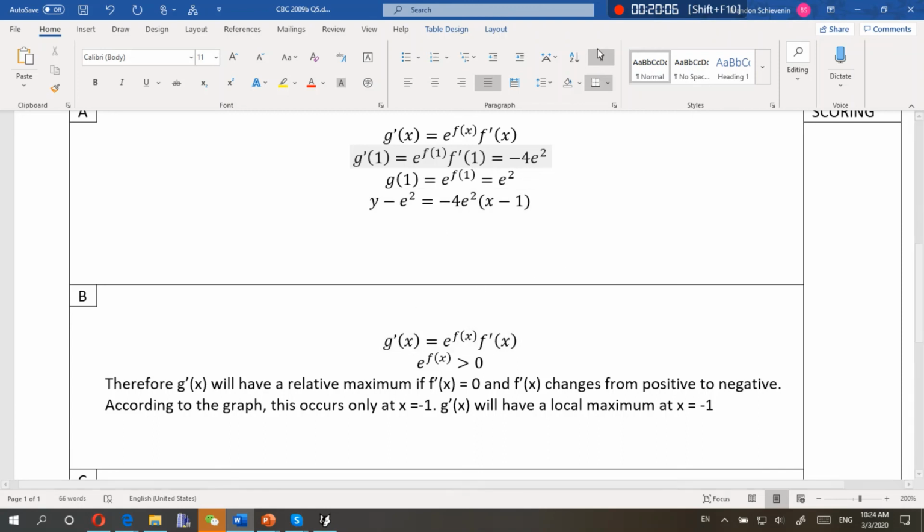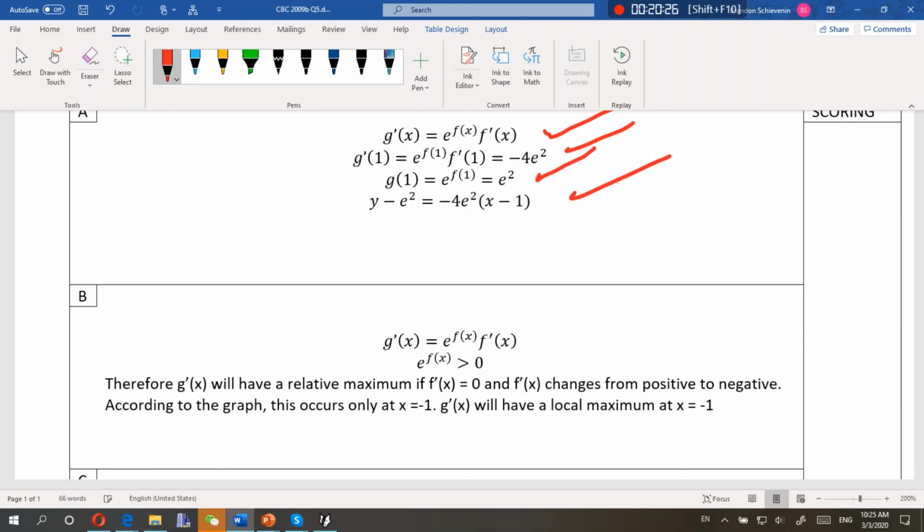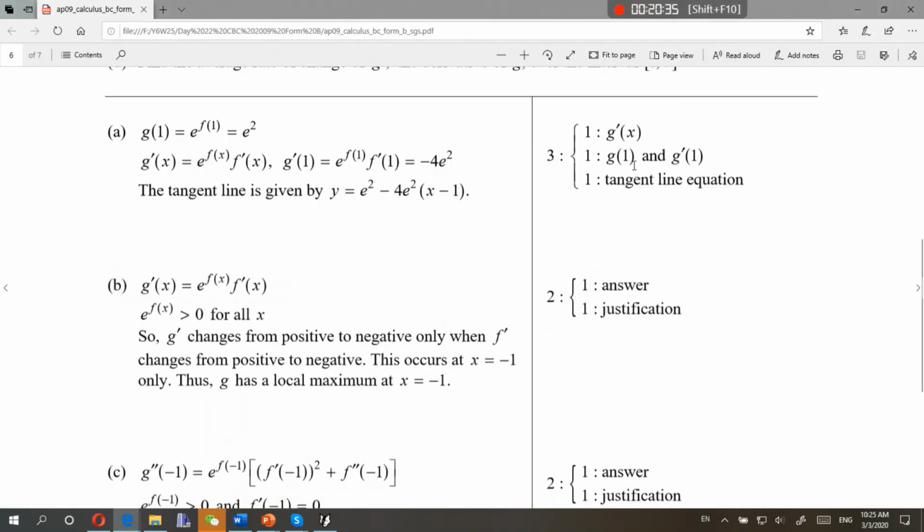That was 3 points: g prime x, g of 1 and g prime 1, and the tangent line. Okay, then 1 point for the answer and justification.